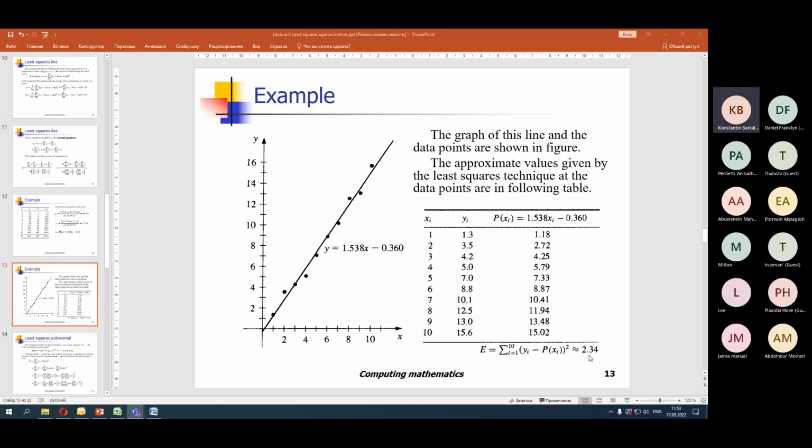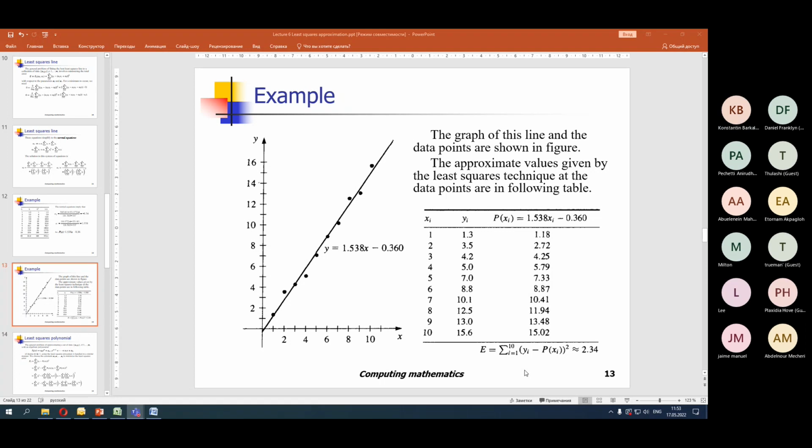And this value, this error, is the minimum error. No line can give us a smaller error. This line is the best, the best in the least squares sense.